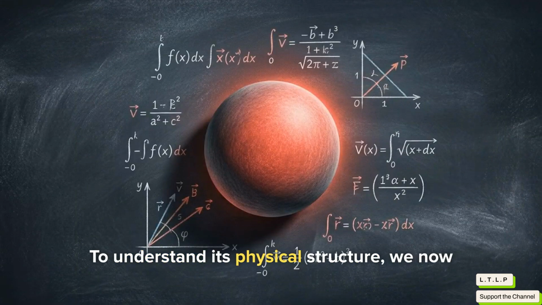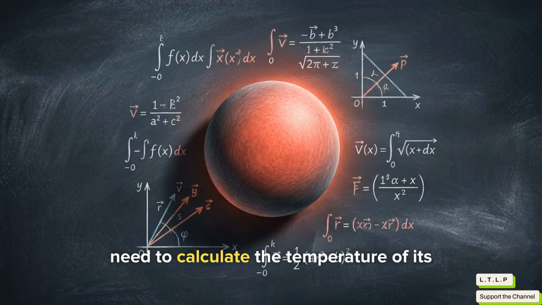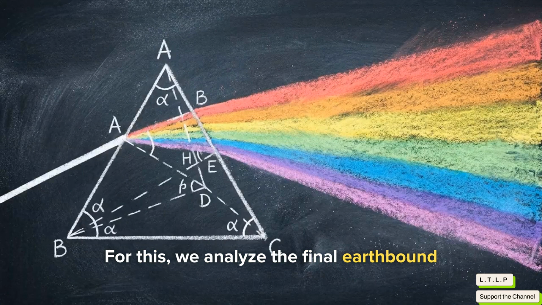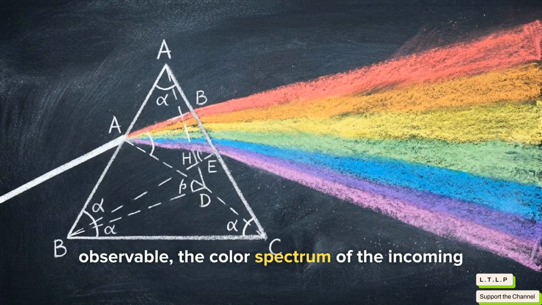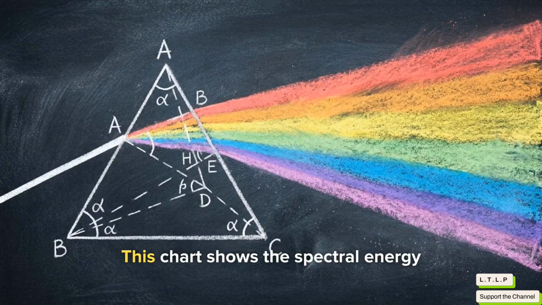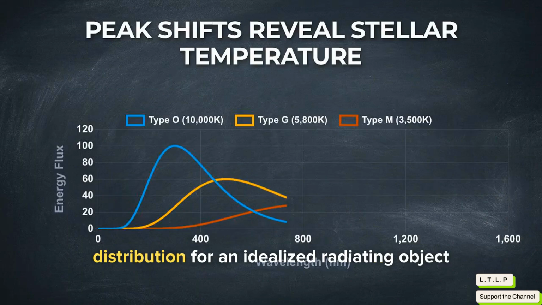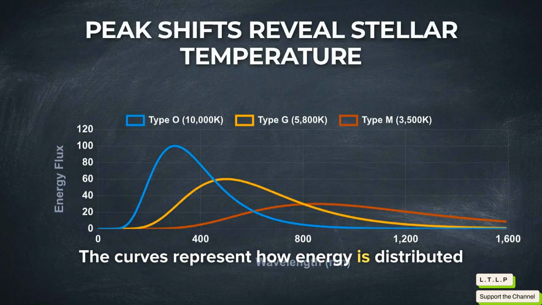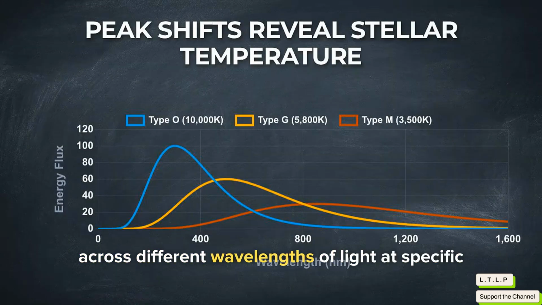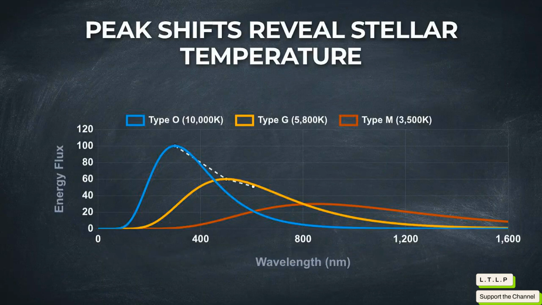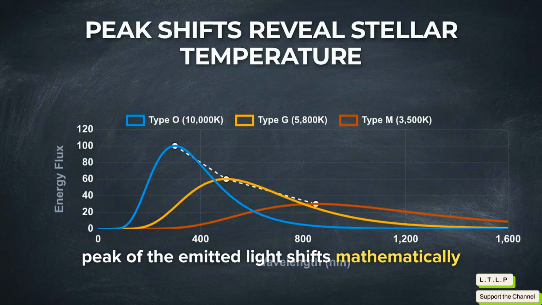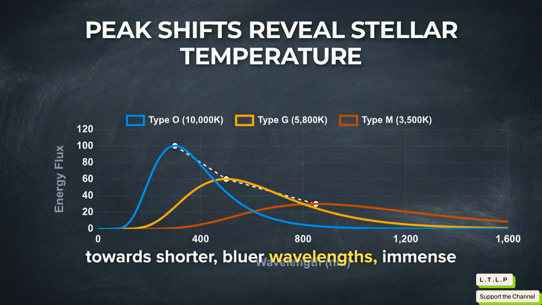To understand its physical structure, we now need to calculate the temperature of its surface. For this, we analyze the final Earth-bound observable, the color spectrum of the incoming light. This chart shows the spectral energy distribution for an idealized radiating object called a blackbody. The curves represent how energy is distributed across different wavelengths of light at specific temperatures. As the temperature of the gas increases, the peak of the emitted light shifts mathematically toward shorter, bluer wavelengths.